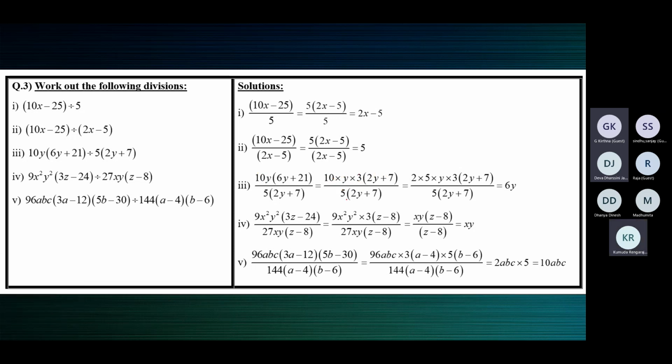Now the expression 2y plus 7 in the denominator and numerator gets cancelled as a whole. And then 5 1s are 5 and 5 2s are 10. So you can see the answer: 2 3s are 6, 6y is the answer.